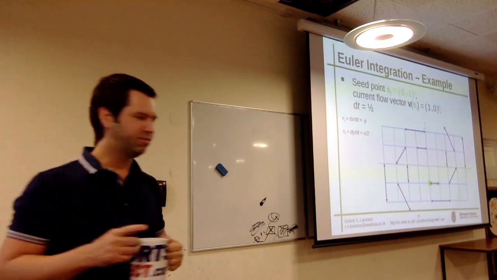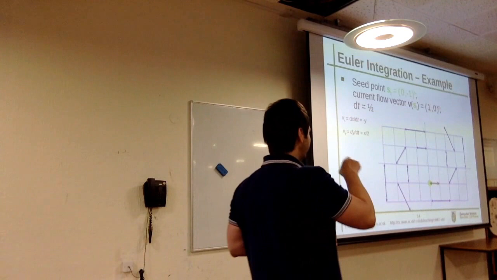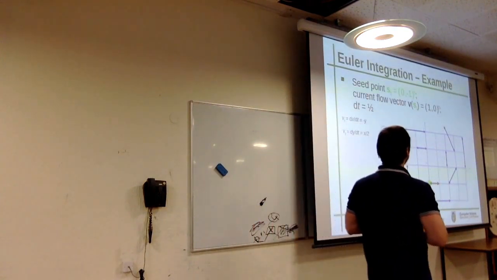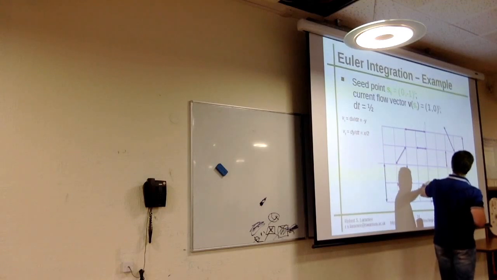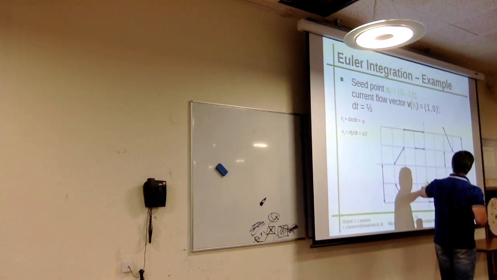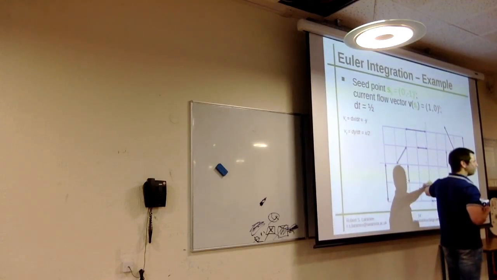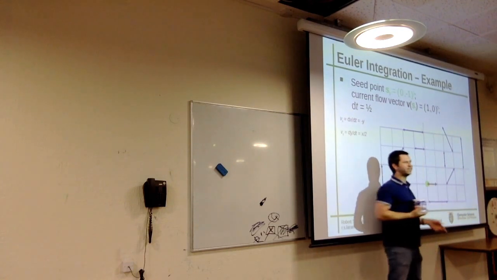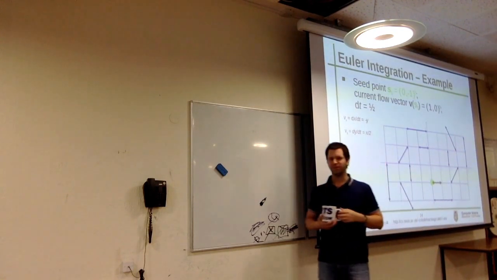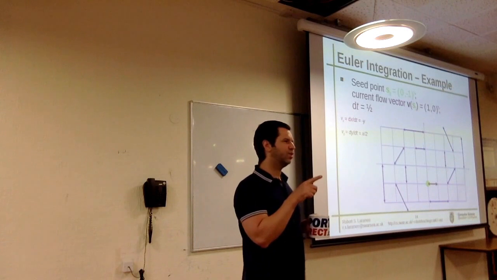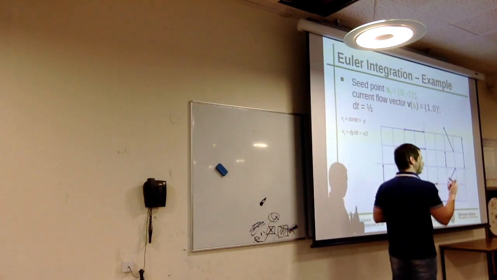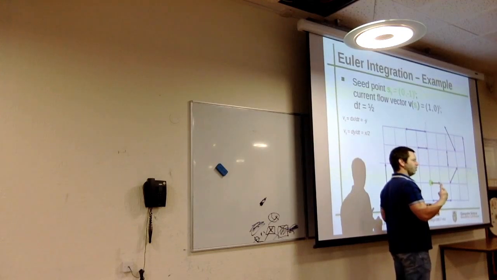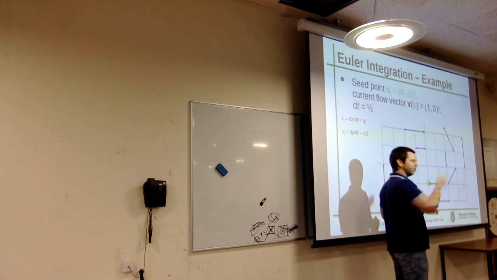In order to compute a streamline, we're trying to compute those points along the streamline. So imagine we start computing our streamline right here. This is what we call a starting point for the streamline, or a seed point. How do we compute the next point on the streamline? If we can compute the next point given the previous point, then we can always compute our streamline.